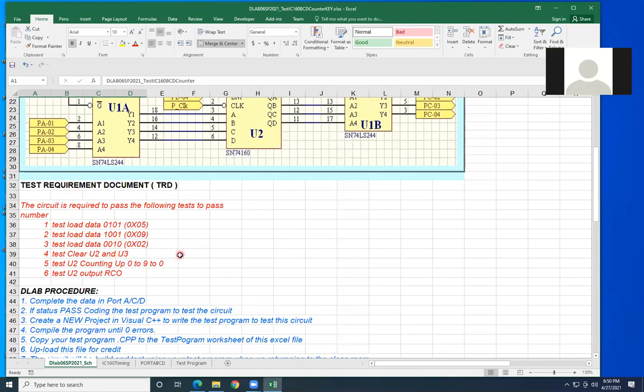Right. But if, let's say for test 3, the output result that you get is 0, 0, 0, 0, couldn't there be a problem with U1? Yeah, the thing is right now you can see, if it was all zeros, that means pin number 3, you did not test for 1.